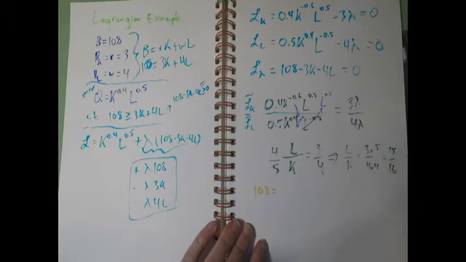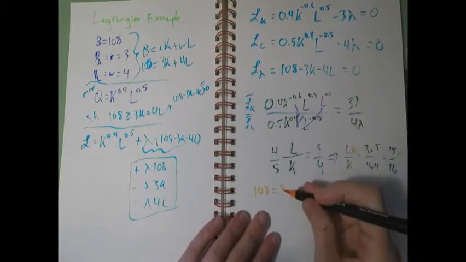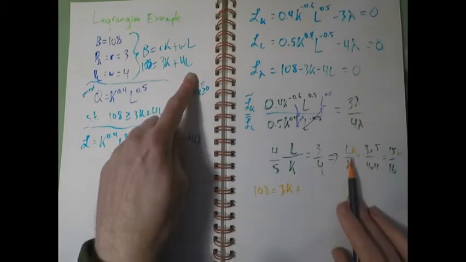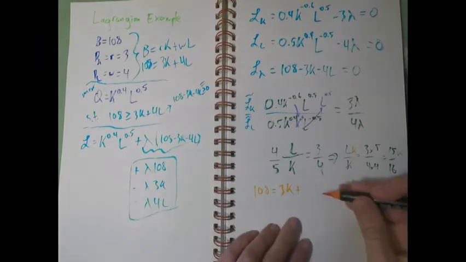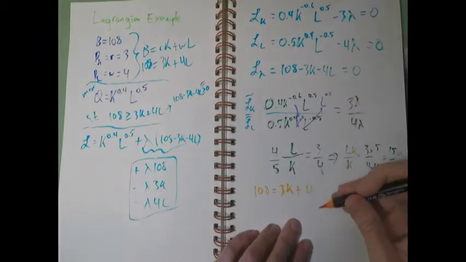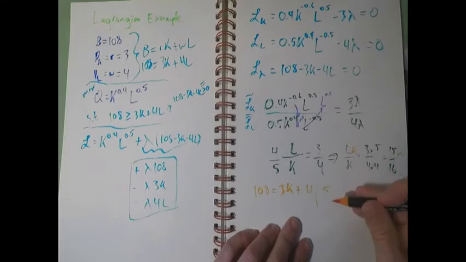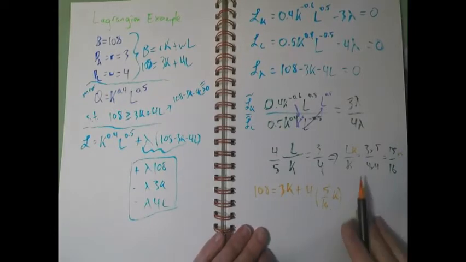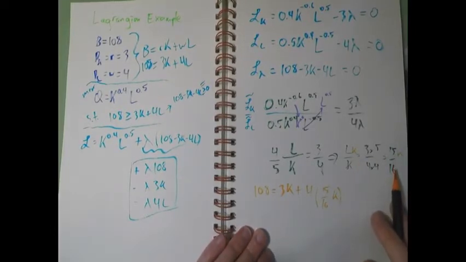Okay, so if we multiply this over, right, so if we say L over k times k equals 15k over 16, so we can say equals 3k plus, we can swap out this L for this L, so 4 times 15 over 16k. So now we got the budget just in terms of k, and we know that L is going to be 15/16 of whatever it is we solve for here.